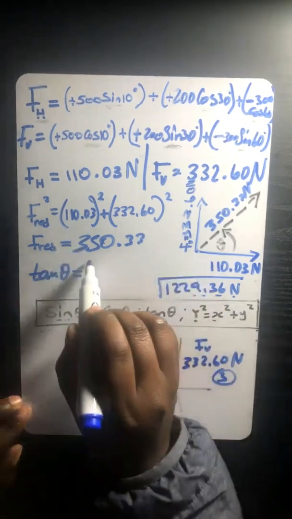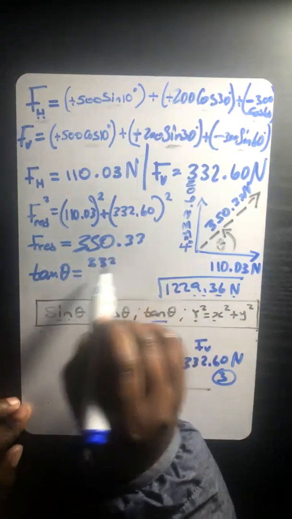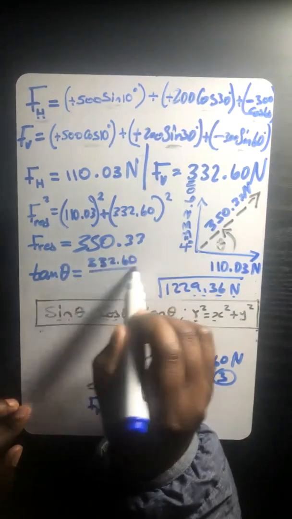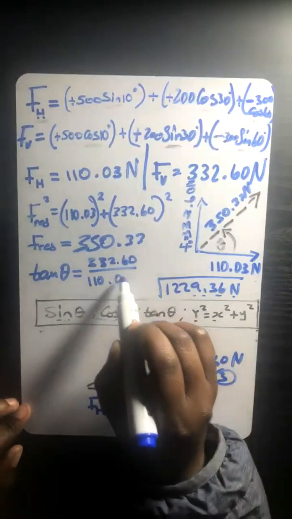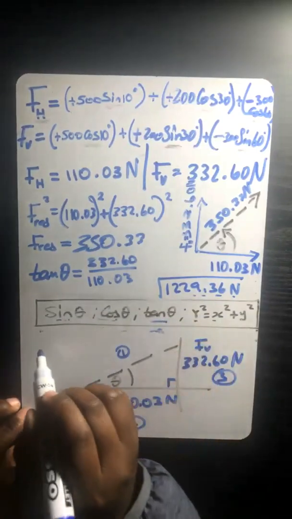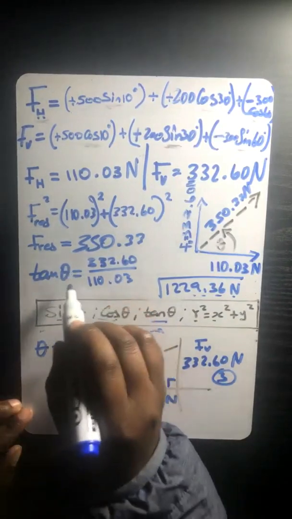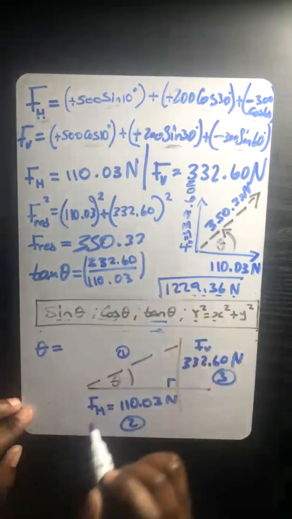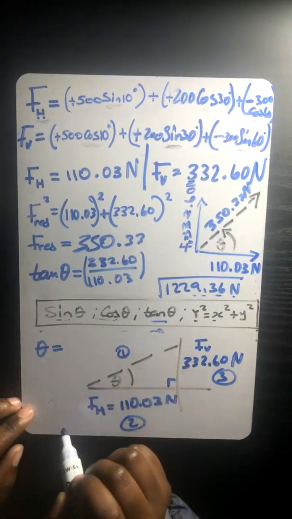So that means you are having opposite over adjacent. So it's 332,60 over 110,03. Then what you do, LB, is to find the second function of tan all of this. Whatever you're going to get is your angle in degrees.